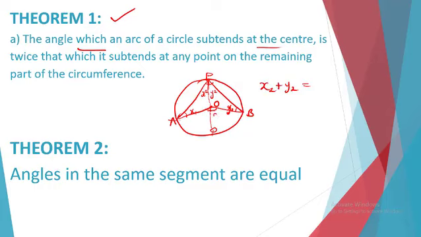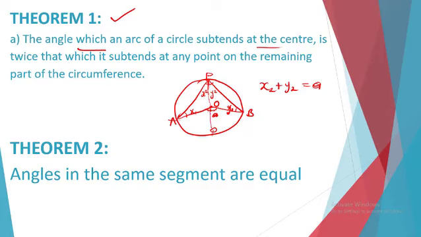Let's call this angle A. That's why it says the angle which an arc of a circle subtends at the center is twice that which it subtends at any point on the remaining part of the circumference. So the angle here is twice the angle here.